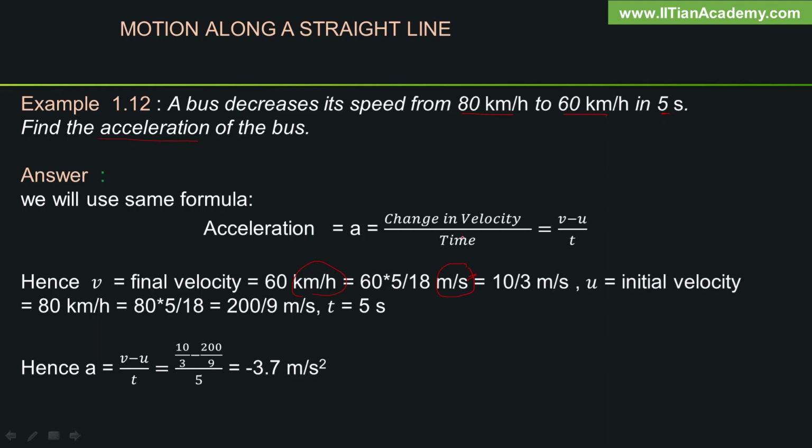It is 5 divided by 18. Hence, acceleration is calculated as change in velocity divided by time. Here, we get negative value, meaning it is a deceleration.